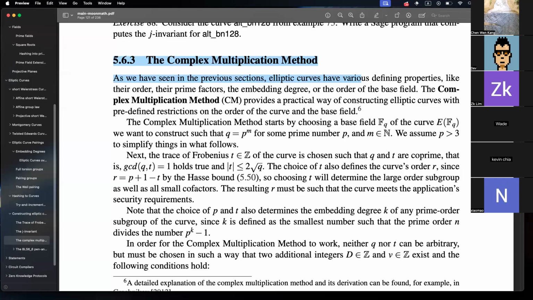Essentially they are curves that are used to enable recursive SNARKs. Quite interesting, you can take a look. Not sure if they are actually constructed via this complex multiplication method.